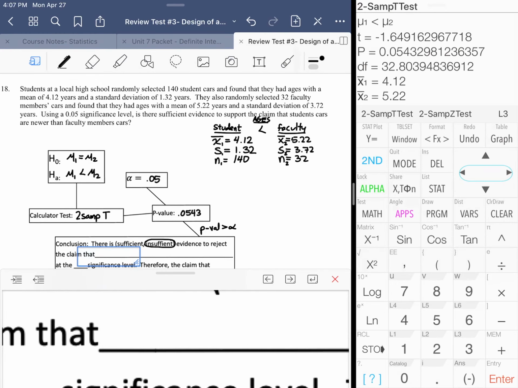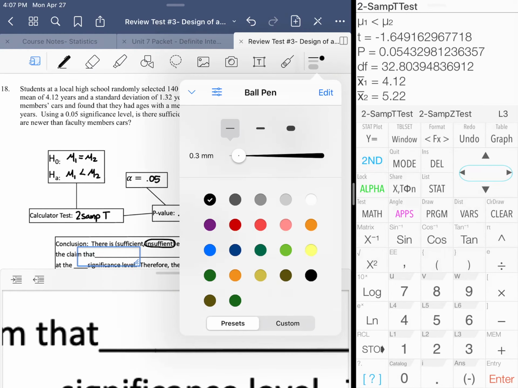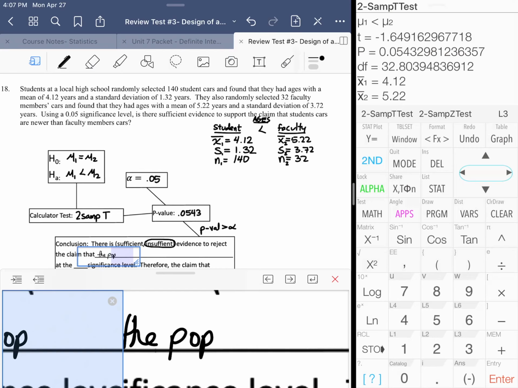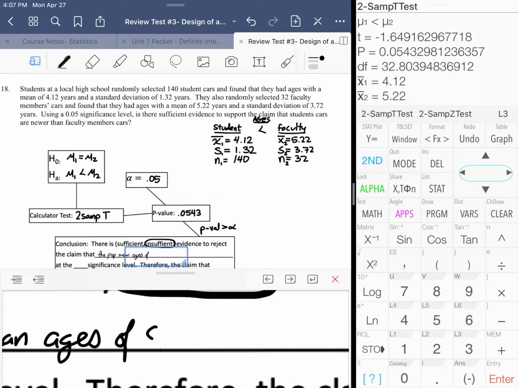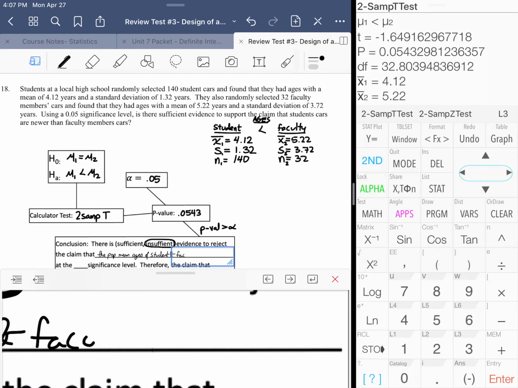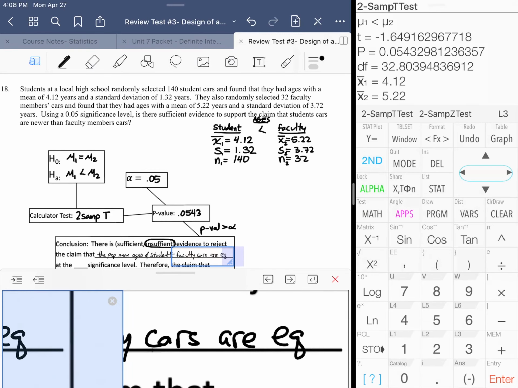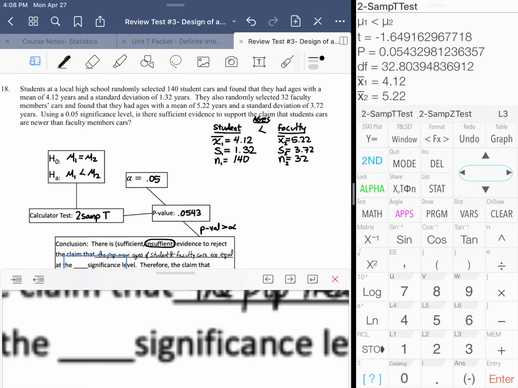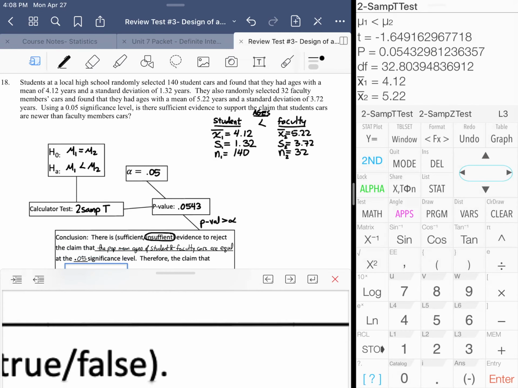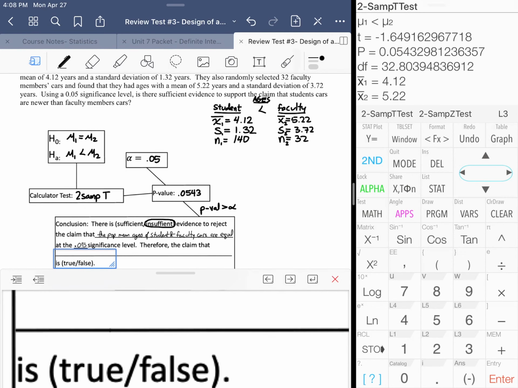If the alpha value were 0.01, it would be a different story, but we're going to say that there's insufficient evidence to reject the claim that the population mean ages of student and faculty cars are equal at the 0.05 significance level.